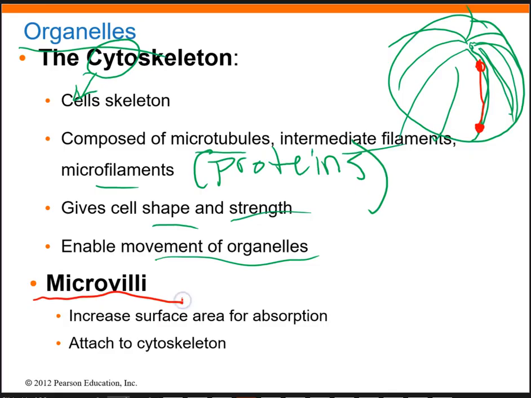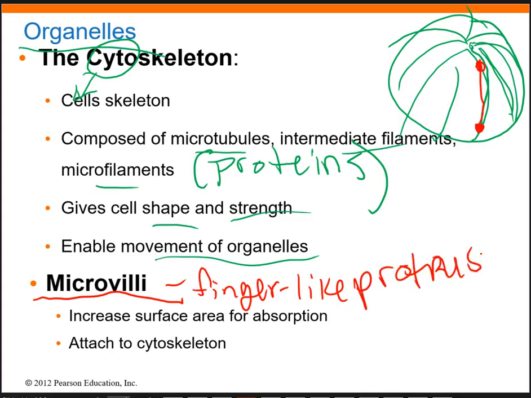Microvilli are little finger-like protrusions of the plasma membrane.